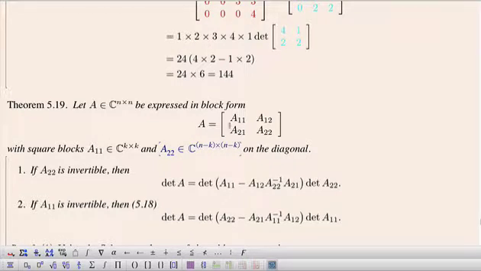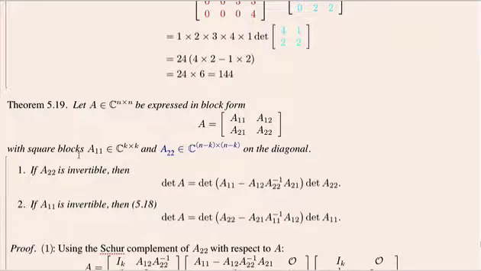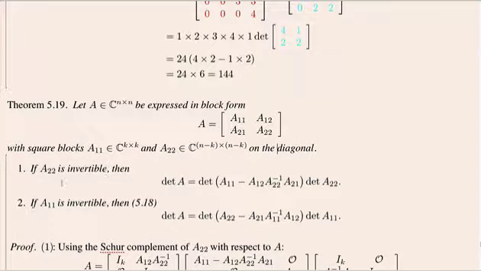Clearly, if A11 is k by k, then A22 will be n minus k by n minus k on the diagonal. The theorem says that if A22 is invertible, then the determinant of A is the determinant of A11 minus A12 A22 inverse A21, times the determinant of A22. And if A11 is invertible, then the determinant of A is the determinant of A22 minus A21 A11 inverse A12, times the determinant of A11.